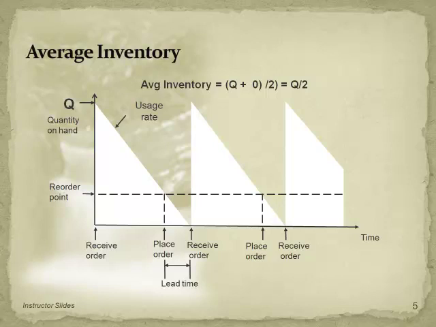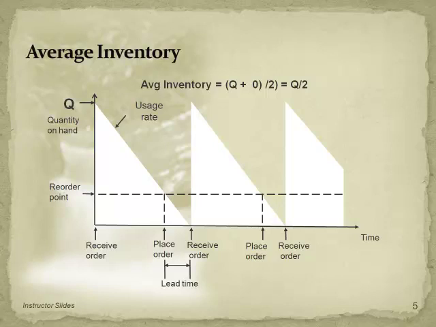What is the inventory at the beginning of the cycle? If you look at the graph there at the very beginning, it says receive the order. So the inventory at the beginning of the cycle is some quantity we'll just represent by the letter Q. What is the inventory at the end of the cycle?